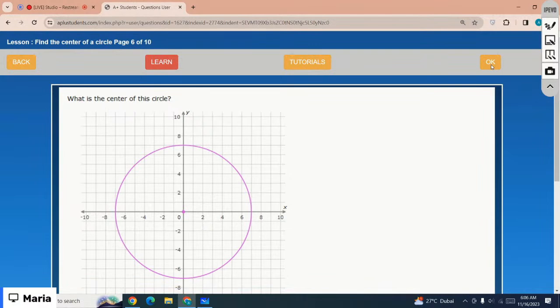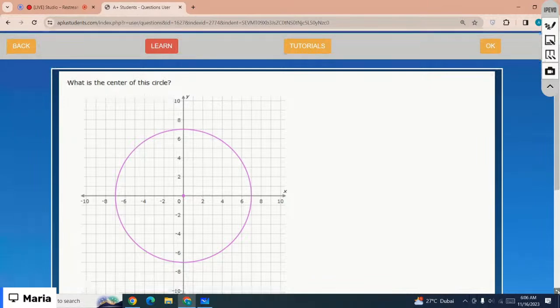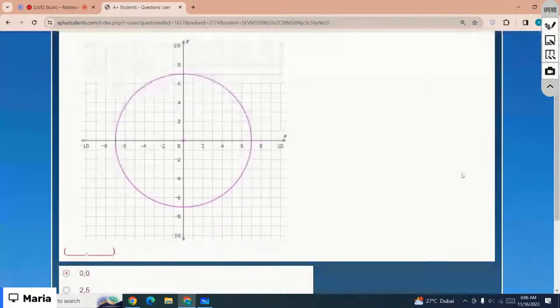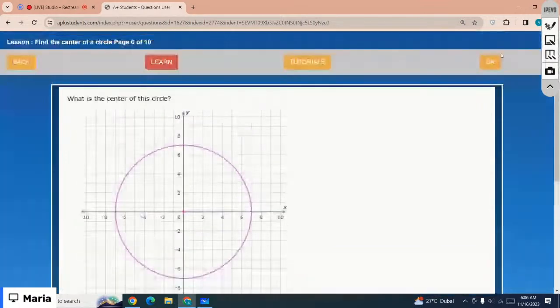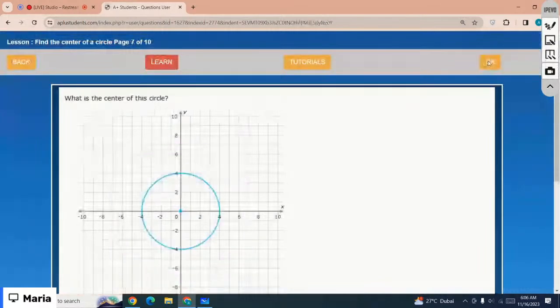Okay, what is the center of the circle? So which is the correct option? Yes, that is 0, 0. Okay, what is the center of the circle?